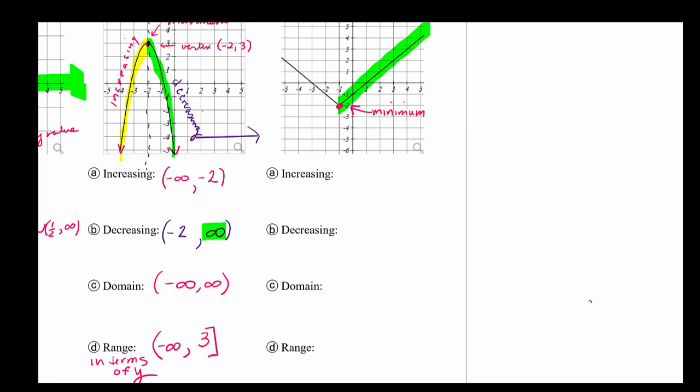And on the right side of that lowest point, and where is that lowest point? It's at -1, -2. And on the right side of that -1, -2 point, it's increasing. So as we look at x values, the smallest x value is at -1, but because this absolute value function will continue to increase forever, the x's go to infinity.